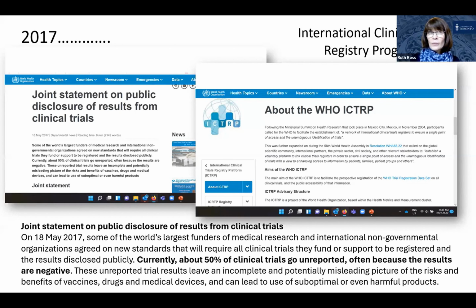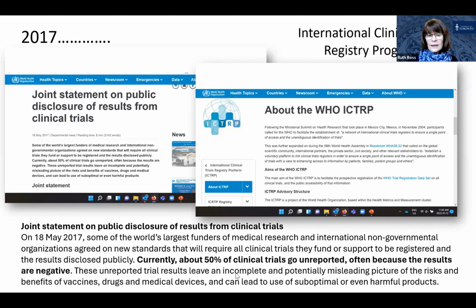So if something works, that's a great big PR campaign that it's worked, and if it doesn't work, the clinical trials were not necessarily reported. And so that's really a problem in terms of transparency and understanding what information is there, and of course this applied to pharmaceutical companies hugely as well.